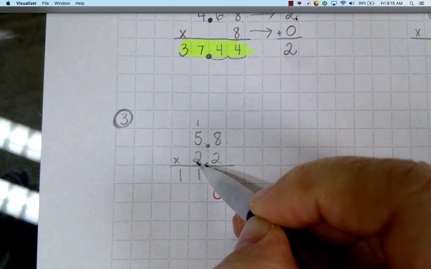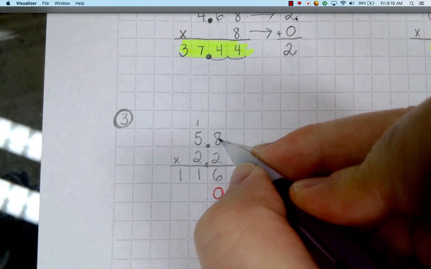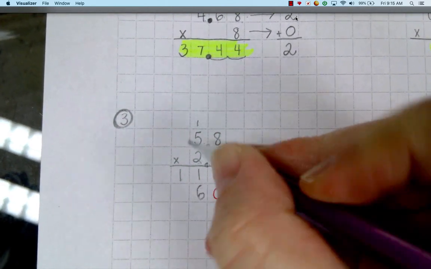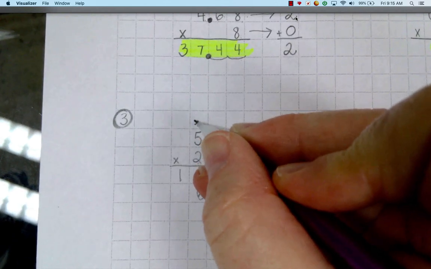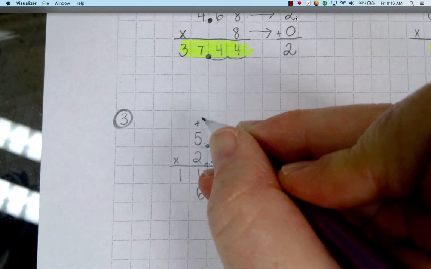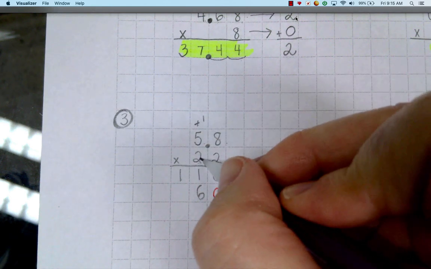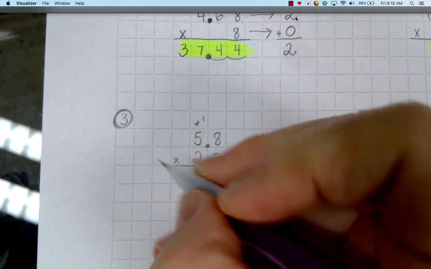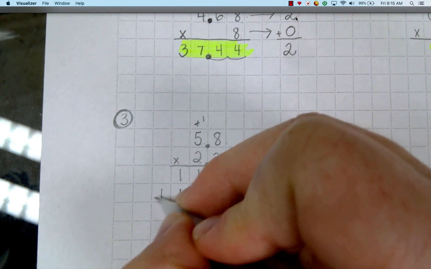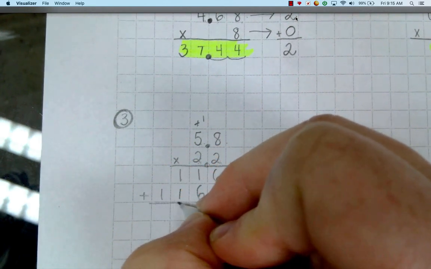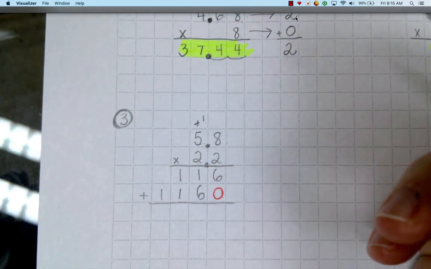So now I'm continuing. 8 times 2 is 16, and we would have carried the 1. I like to X out that number on top so that I don't forget that I've used it. What do I do? 16. And then 2 times 5 is 10, plus 1 is 11. Adding them together. Okay?